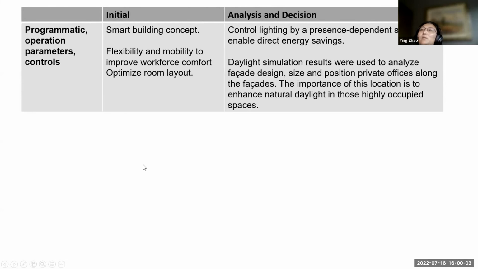For operation consideration, they consider smart buildings, flexibility, mobility to improve workforce comfort, controlling lighting by a presence-dependent system. That's an occupancy sensor basically, and the daylight simulation results are used to analyze the facade design, size and position of offices along the facade, and enhance the use of natural light in the space.